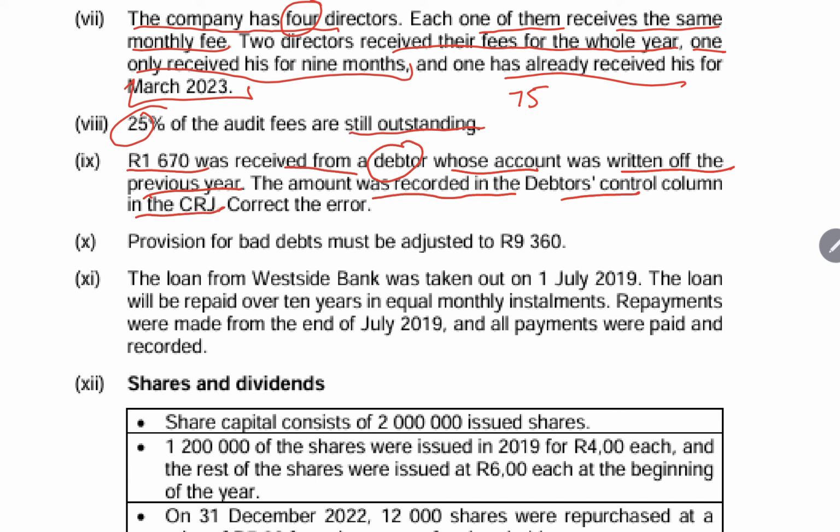So remember, when a debtor pays us, we are supposed to debit bank and credit bad debts recovered. But they did not credit our bad debts recovered. They actually credited our debtors control. So we need to add this back in debtors control, and also add this 1,670 to our bad debts recovered. So in our income statement, we will add it to our bad debts recovered.